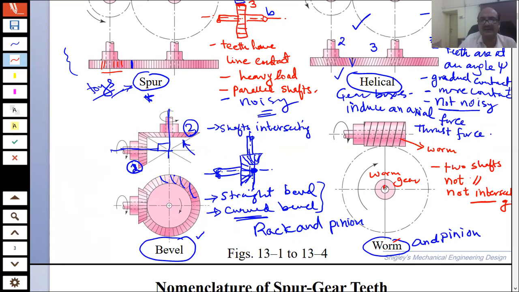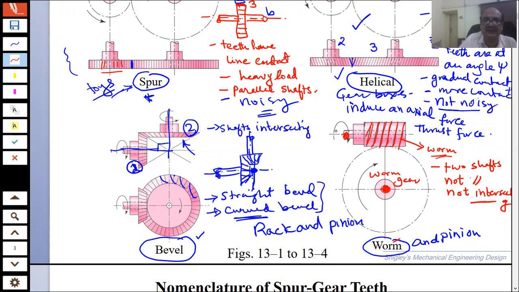For example, if you look over here, this is a shaft in one plane, and this is a shaft in another plane, but we have thread-like teeth on this worm, which is known as the worm.